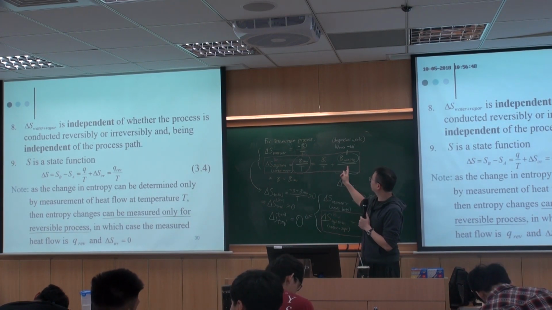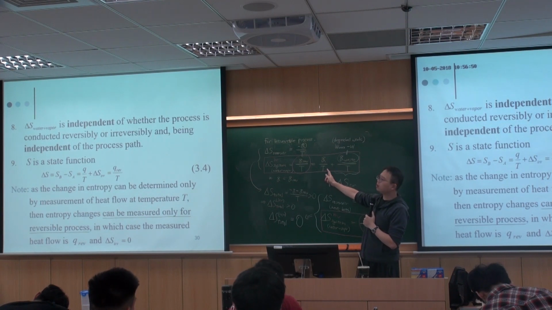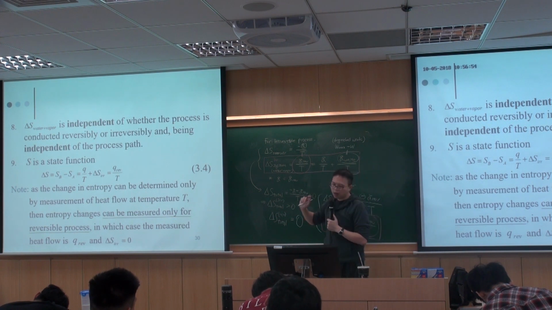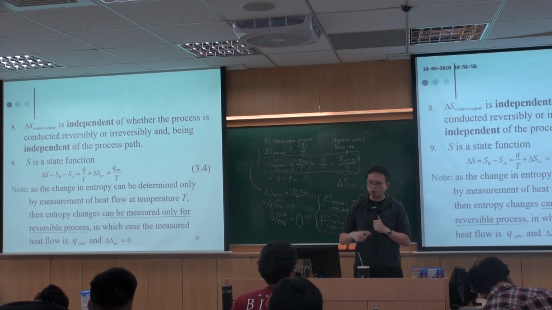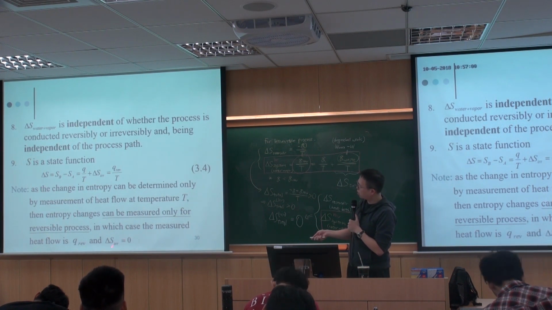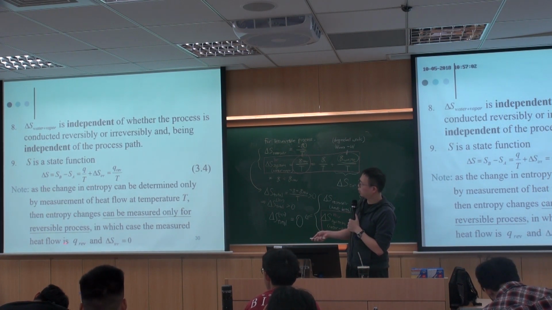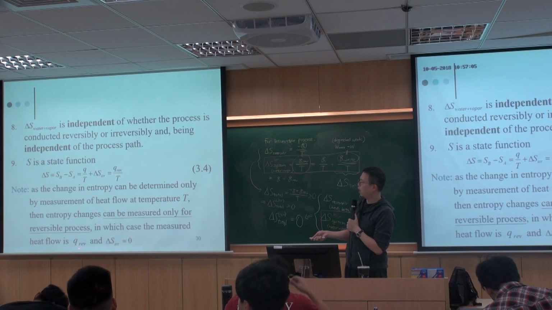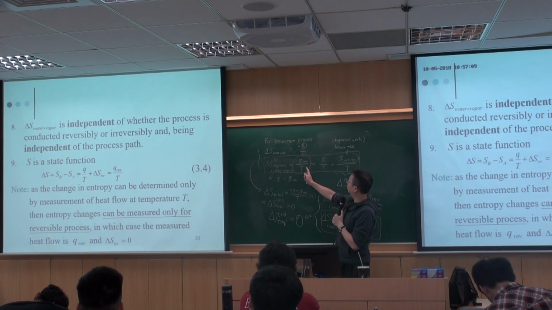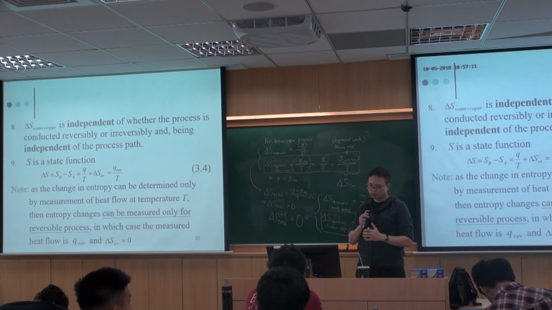But however, it's hard to identify this thing, or this thing. So the bottom line is that when we do the measurement, we want to make sure that delta S IRR is close to 0, such that the heat flow is Q reverse, and then you can determine this term more accurately.